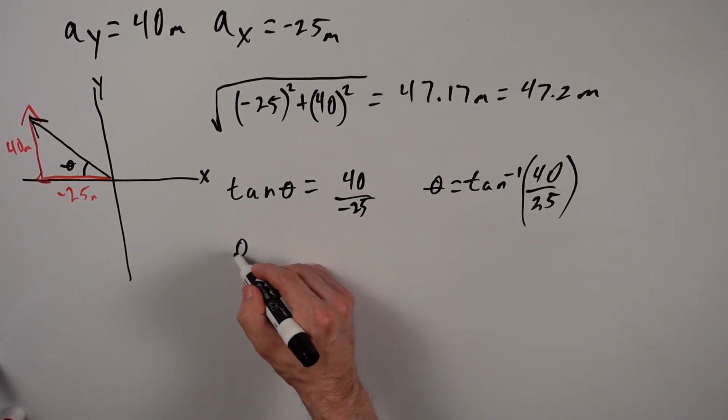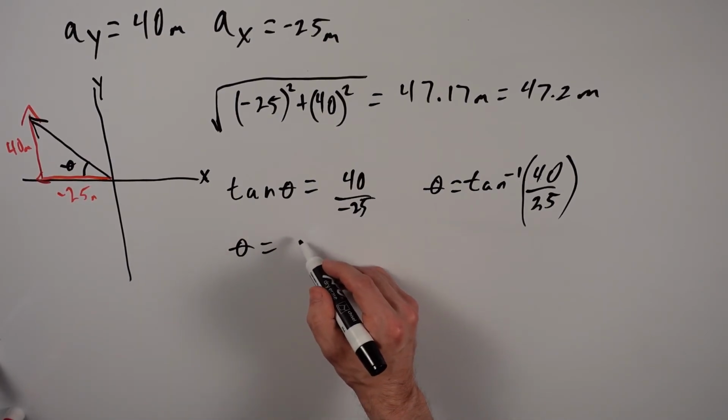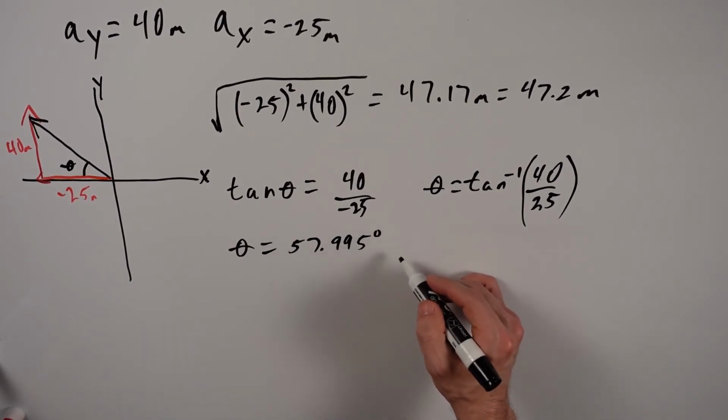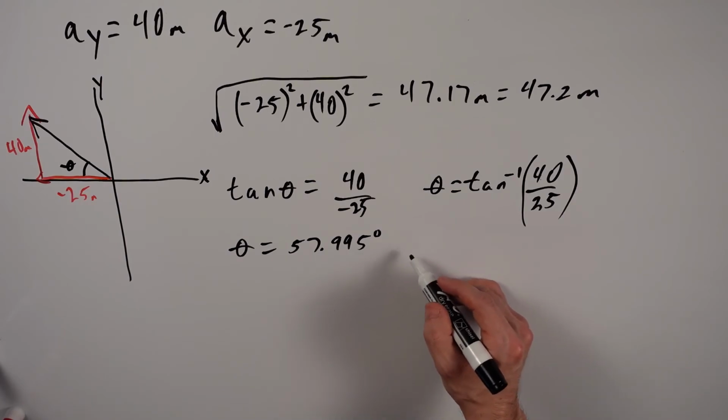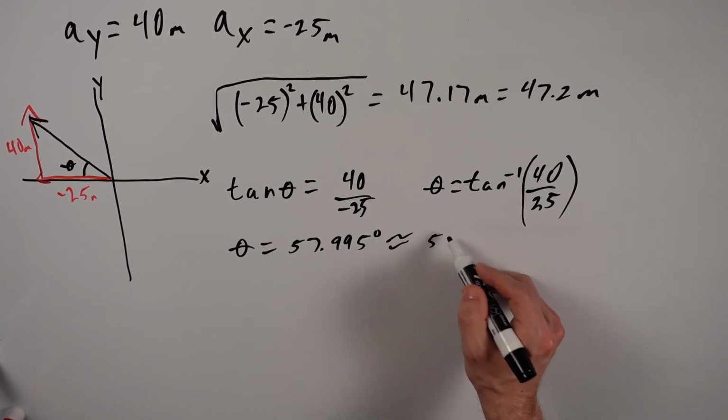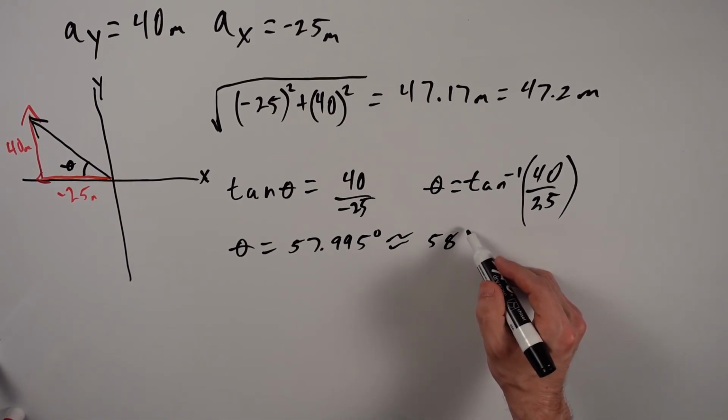And then theta should equal about 57.995 degrees. So we're going to say that's approximately 58 degrees.